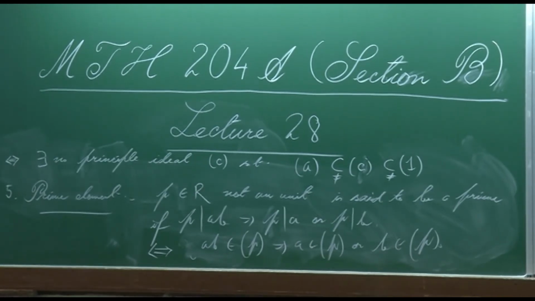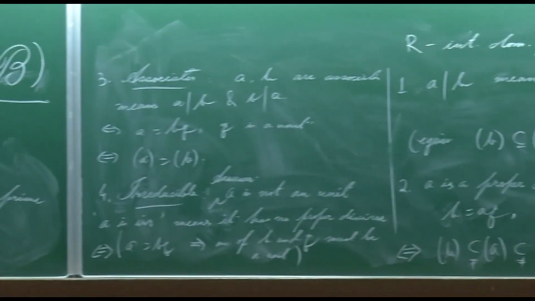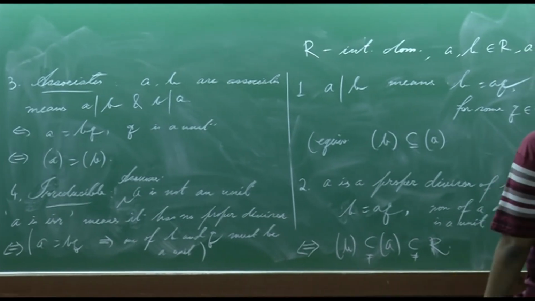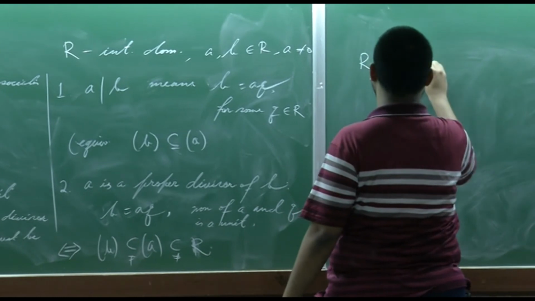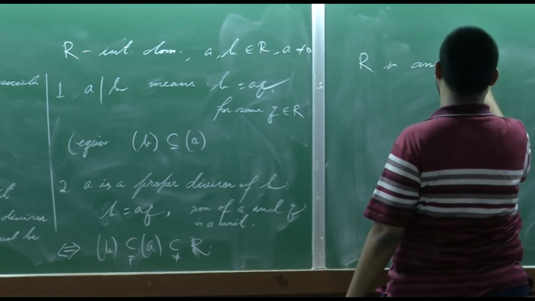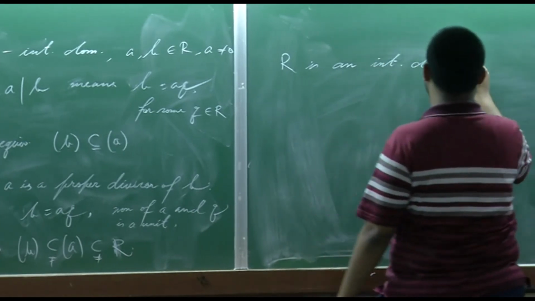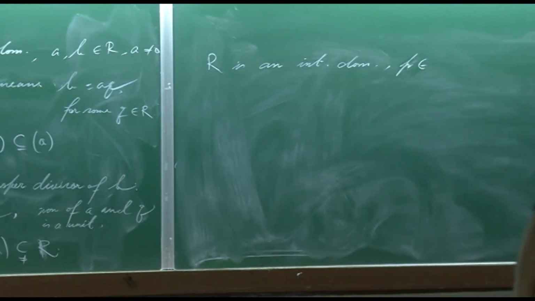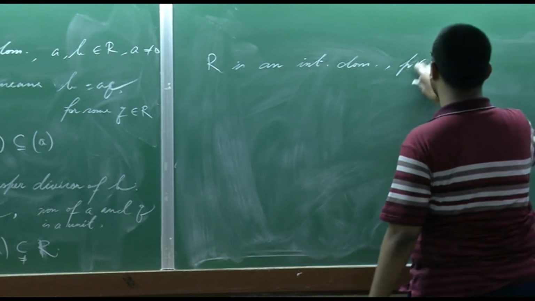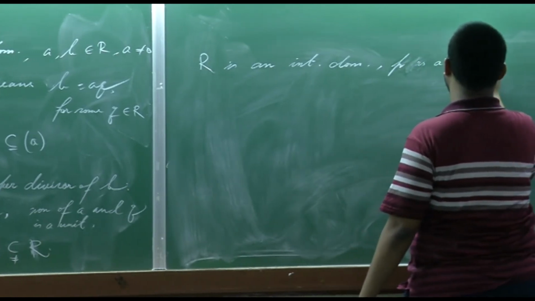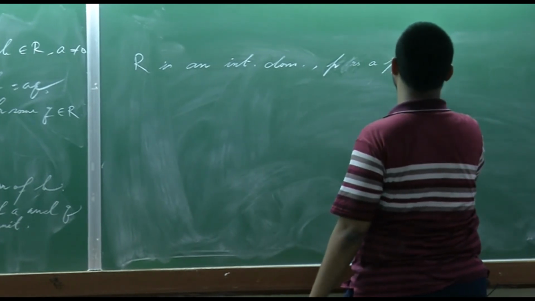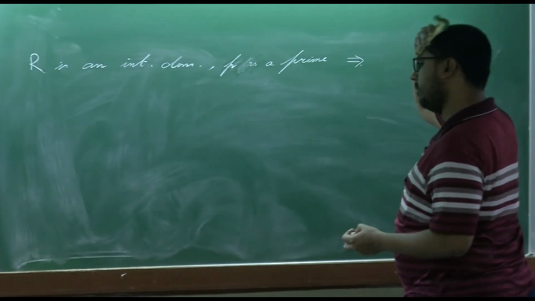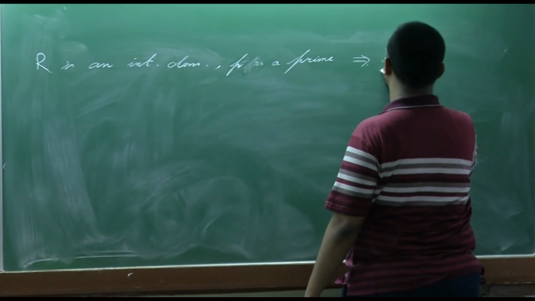I will give you examples. So, if R is an integral domain and P is a prime, then what happens is P is also irreducible.